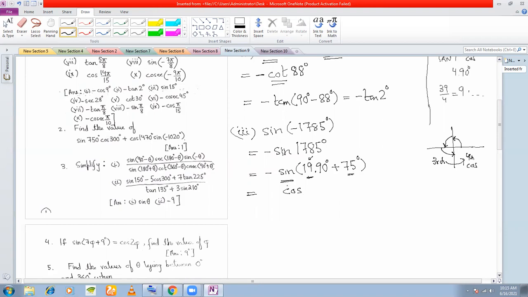But you already have a negative sign here, right? And because cos is positive, you get cos 75 degree. So this comes out to be simply cos 75 degree. And because your question was in terms of sine, we change this cos to a sine 15.